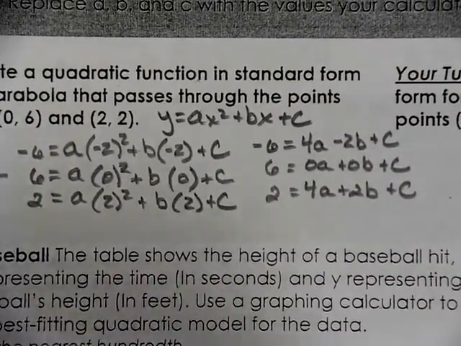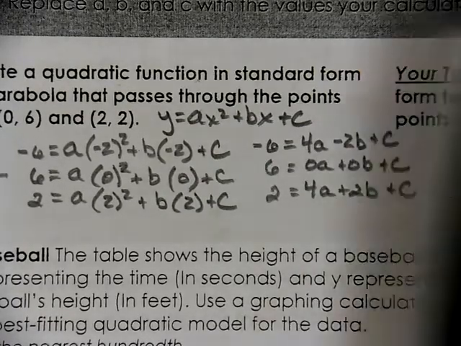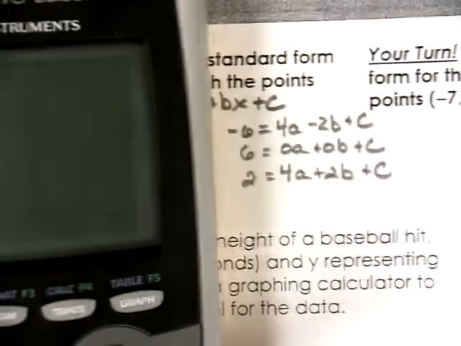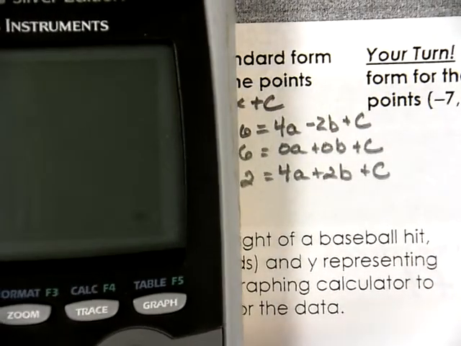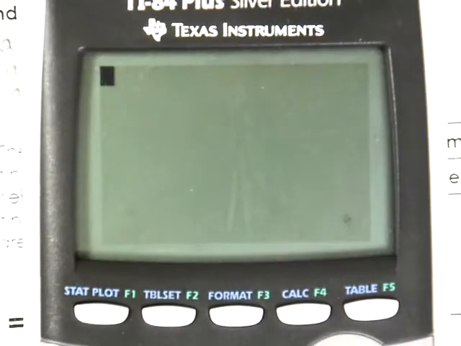Now we could use substitution to work our way through these, but we can also use our calculator. Using our calculator, see if I can get a good screen up here for you. We're going to go to matrix.